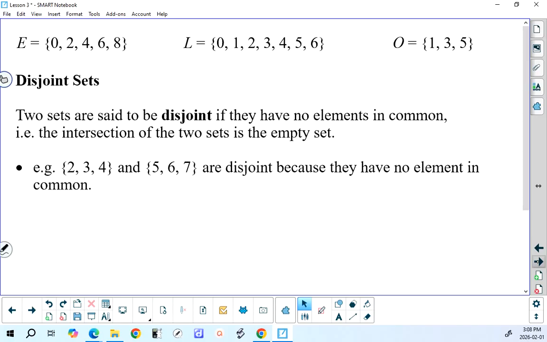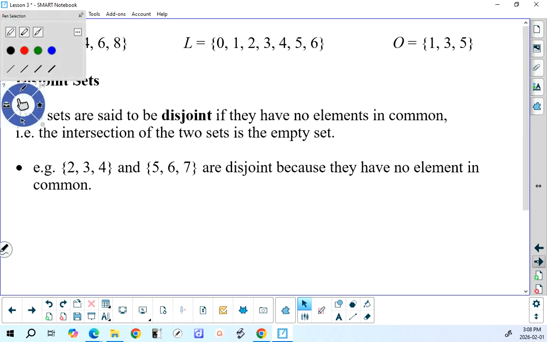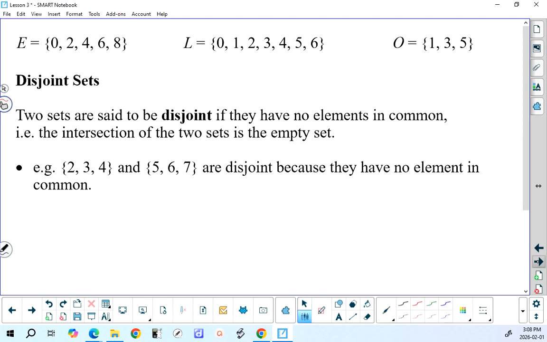If I had 2, 3, and 4 in a set, and then 5, 6, and 7 in another set, let's call this set A and set B. And I said, what is the intersection of A and B? The answer is going to be, it's the empty set.